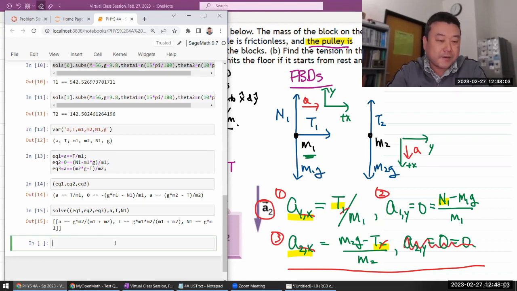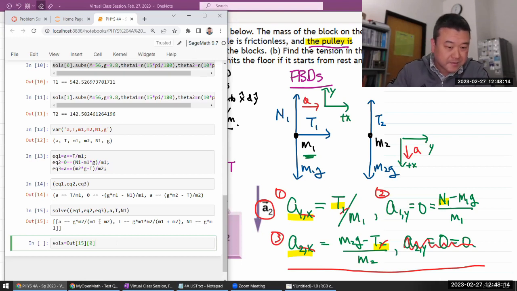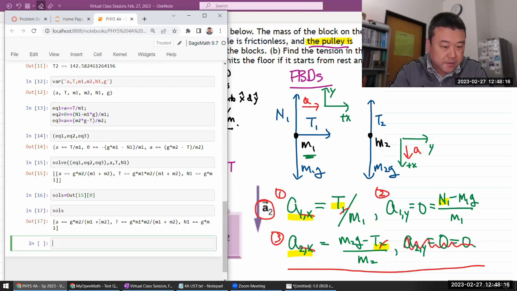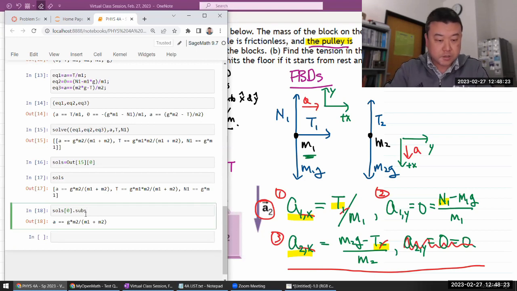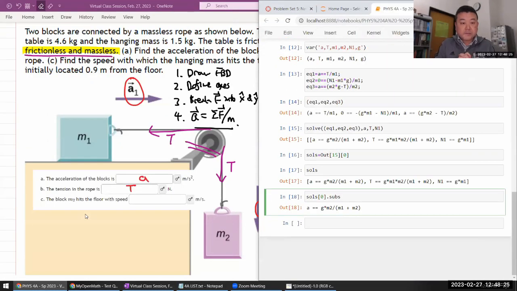So let's go through this. Let me define solves. That's going to be my previous output, the first element because it's a nested thing. The first element will give me the acceleration, and I can substitute in the values that I have.